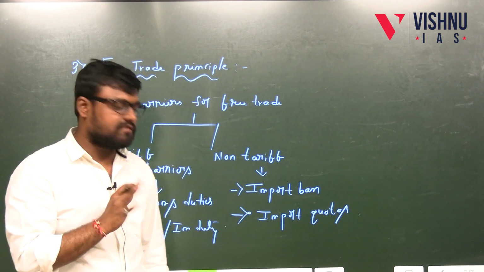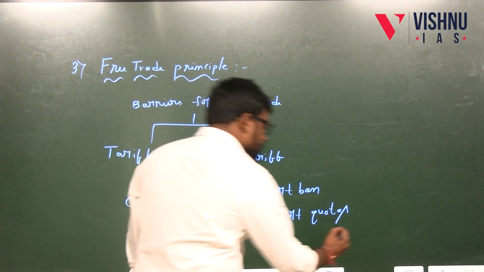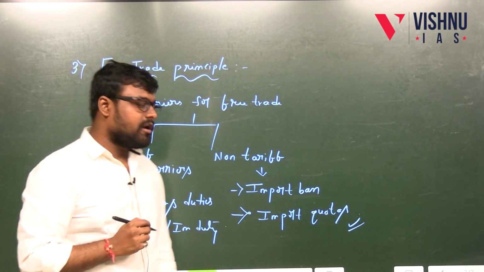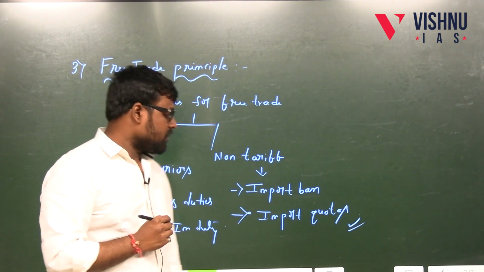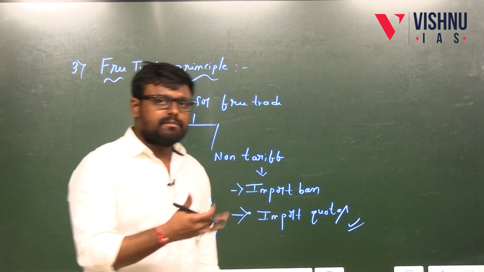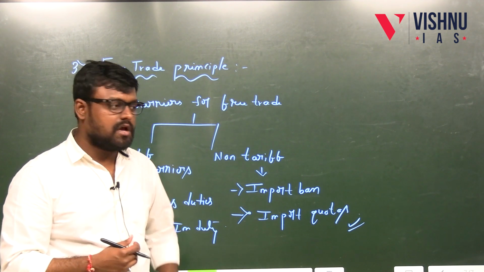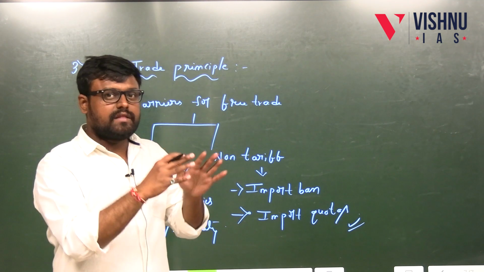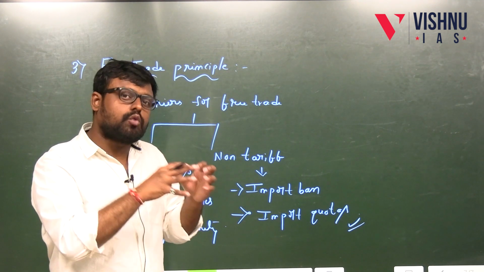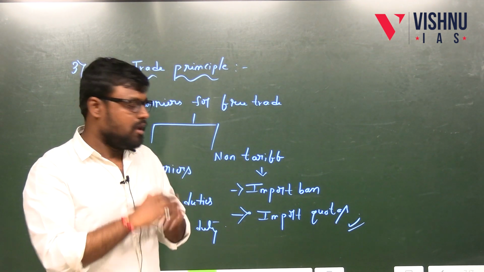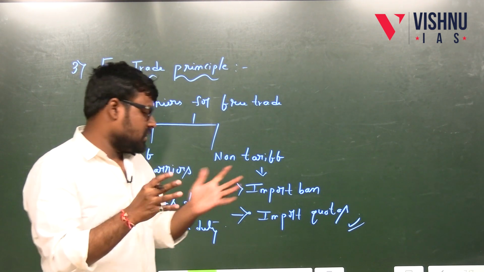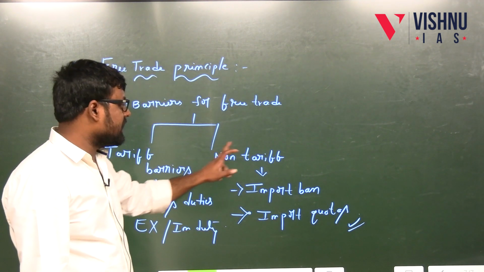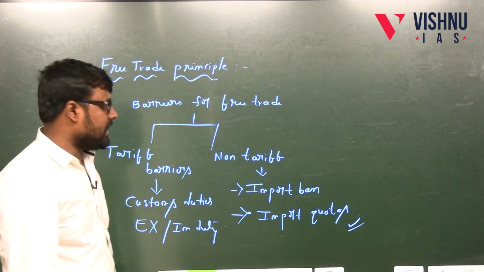If such a condition is there, that will be a non-tariff barrier, an import quota. It can be in monetary terms as well. That means only this much valued goods should be imported, more than that should not be imported, or only this much quantity of goods should be imported, more than that should not be imported. Such import quotas come under the non-tariff barriers under the trade barriers.